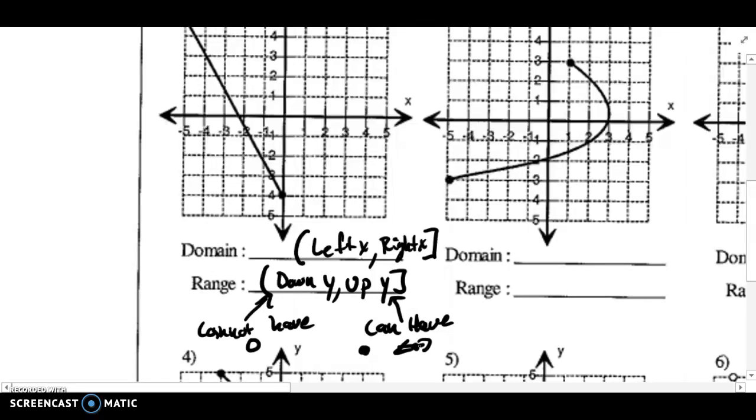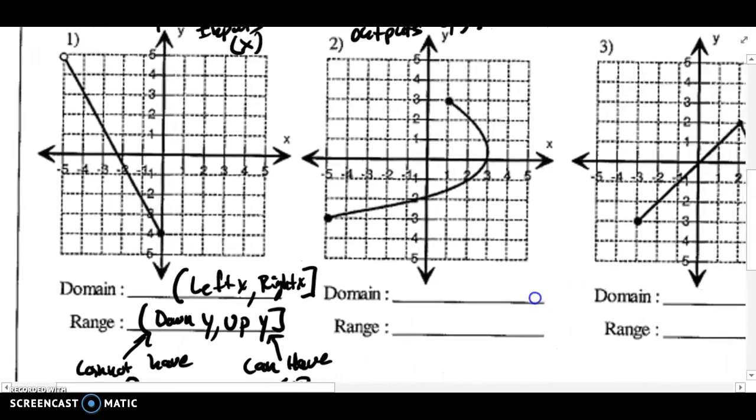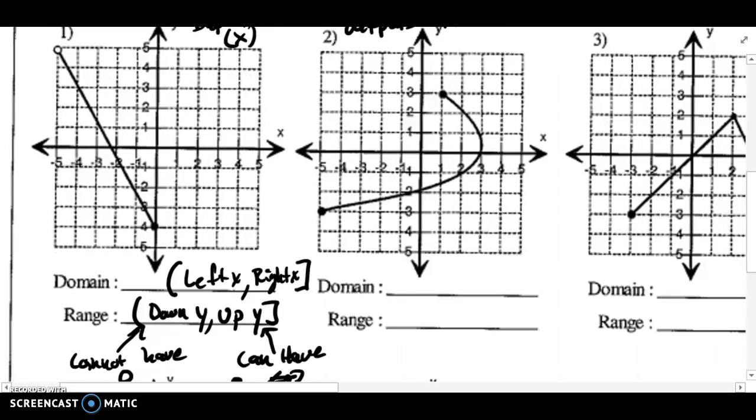We're going to skip number 1 because I have the notes there. So we're going to use this on number 2. I'm going to find the most left point. So here's my graph. Here it is, right there. And the most left point is right here. That is the most left spot on the graph. And the x value, because we get in the left x, is -5.